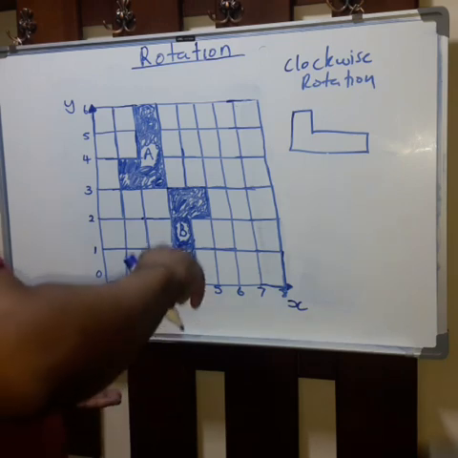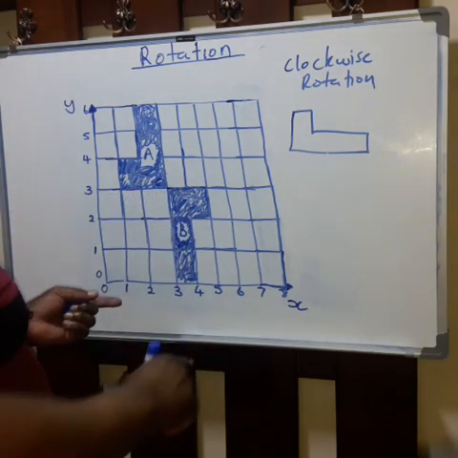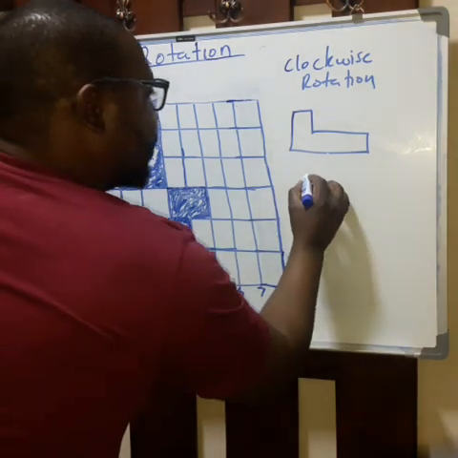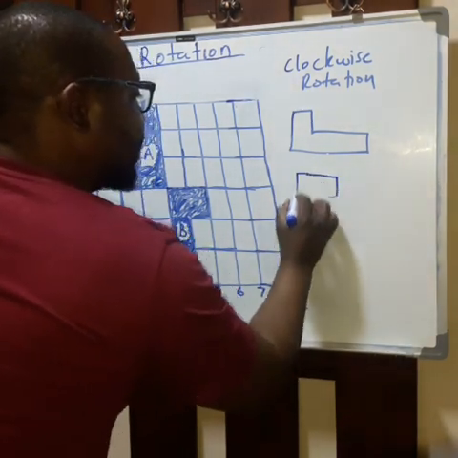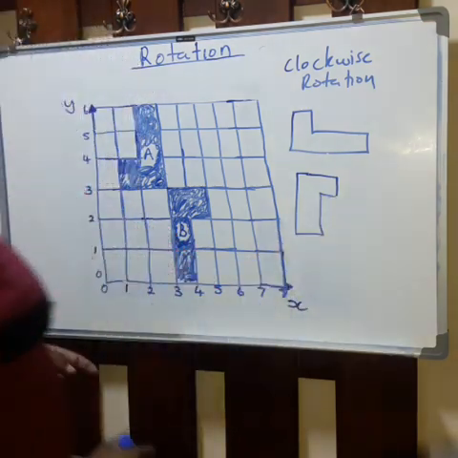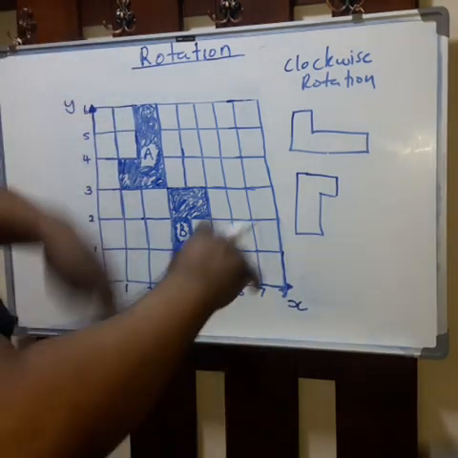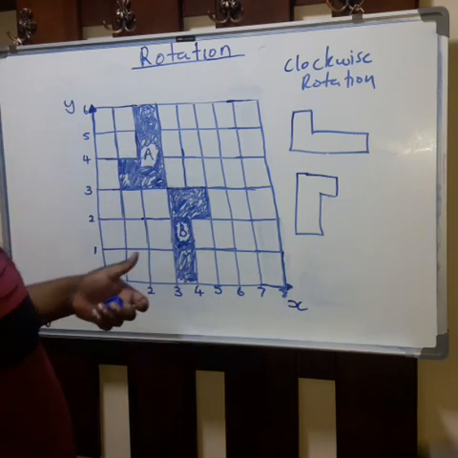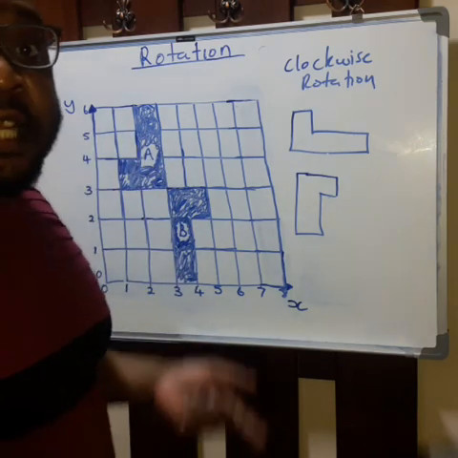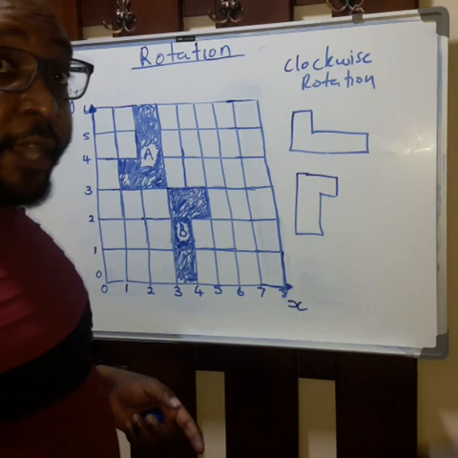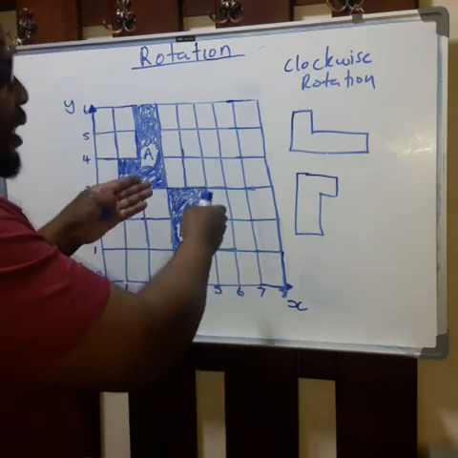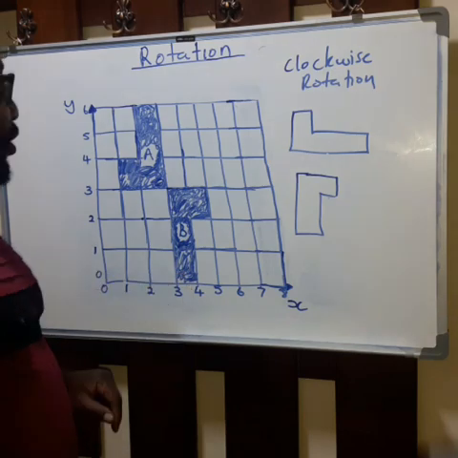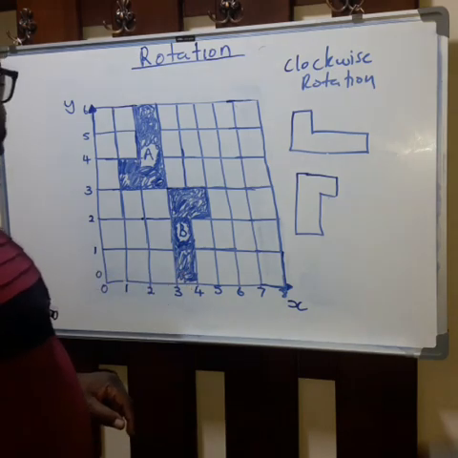A further turn of 90 degrees, this shape then becomes something like that. So, in summary, shape A has undergone a clockwise rotation of 180 degrees, right? So initially it was 90, then a further 90, that becomes 180, and the image is B in that position.